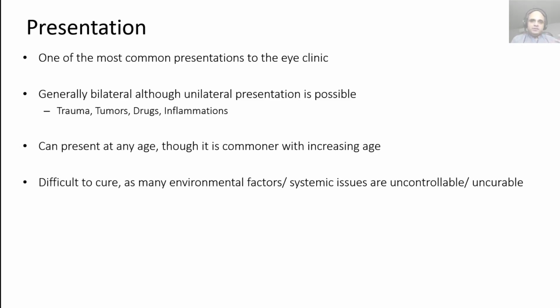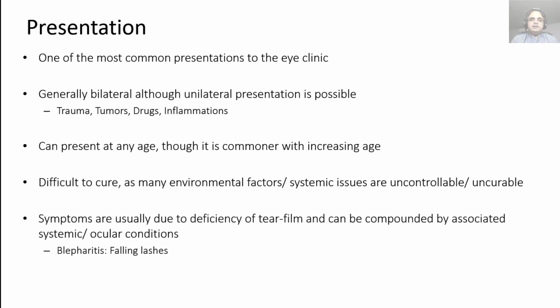Though obviously its frequency increases with increasing age, and it's again a very difficult condition to cure because of its association with many conditions which tend to linger around and stick around. Your symptoms of dry eye are usually because of deficiency of tears or evaporation of tears, and they're compounded. The ocular symptoms also are compounded by the pre-existing ocular or systemic diseases.